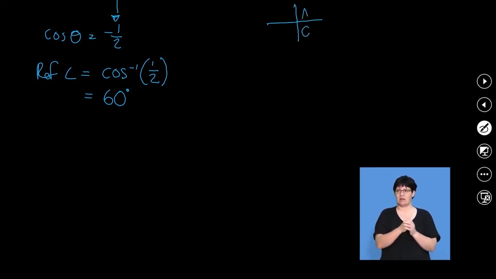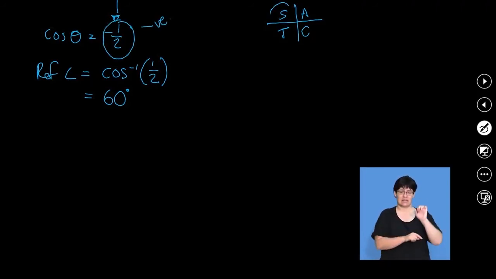So I'm going to use my CAST diagram, and I can see that I want the two quadrants where cos is negative. And cos is negative in quadrant 2 and quadrant 3. So those are the two quadrants that I'm going to have my solutions.